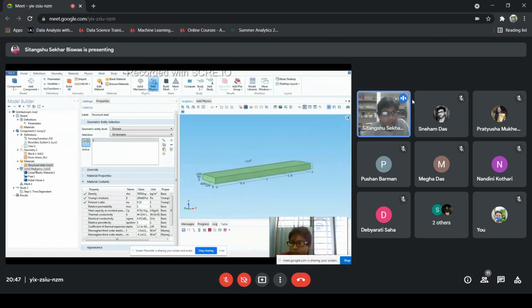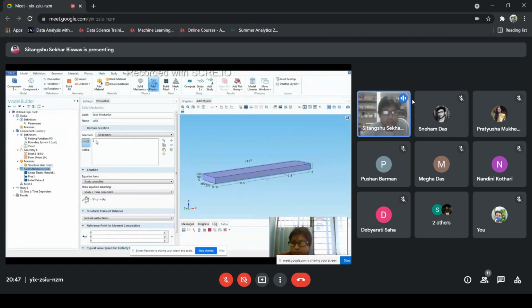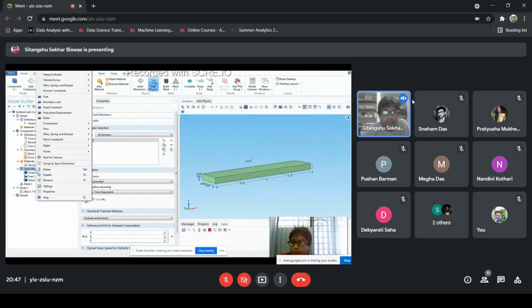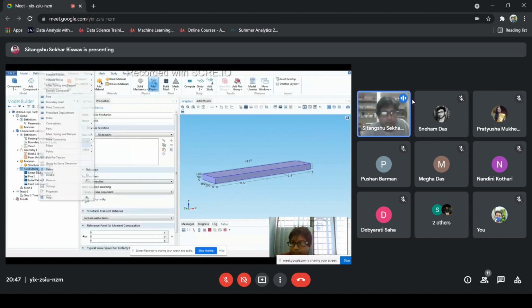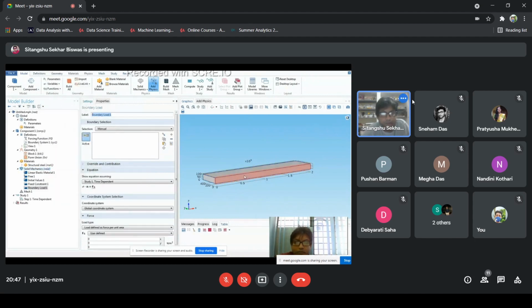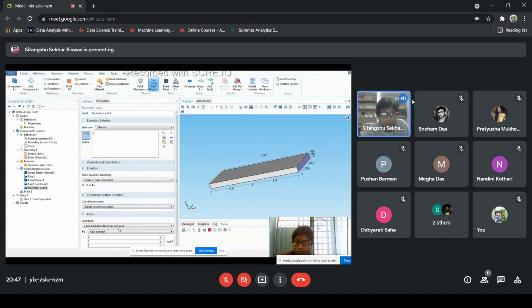Now we have to select solid mechanics also. We have to fix one surface because it's a cantilever. So that surface I defined as fixed surface. And now we are going to apply the force. You go to boundary load and select the face. Here only the load is getting applied. You see it has already come.